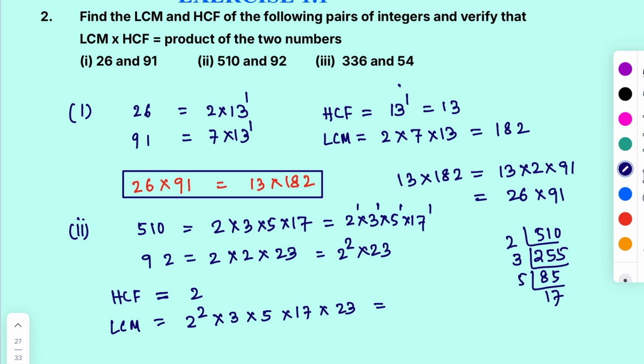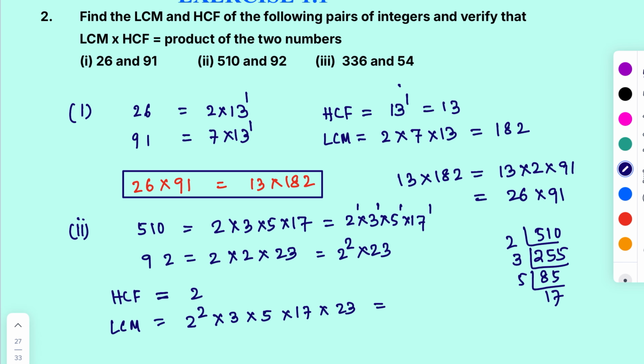Now the product of this HCF and LCM, if you write, HCF is 2, HCF into LCM is equal to 2 into 23460, which is equal to the product of the two numbers, that is 510 into 92.